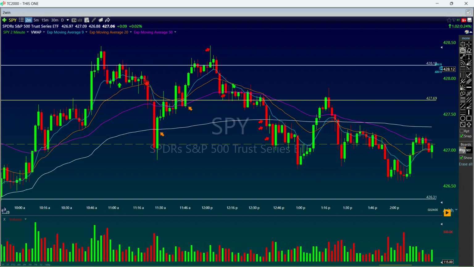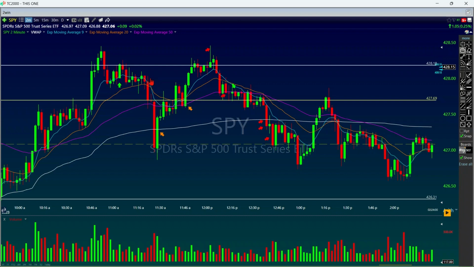Because remember, before this one forms, this line is still pointing up. So until this one forms and knifes down, the EMA is still going up. But I should have recognized that the 9 here was flattening out. But I didn't sell. I held it.